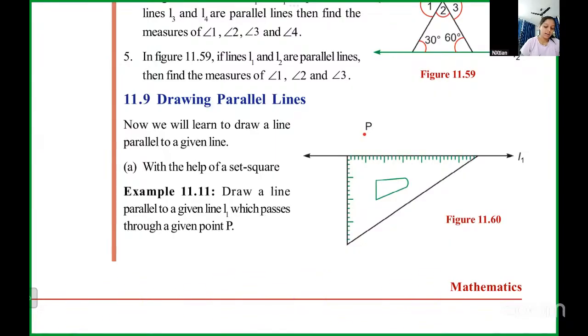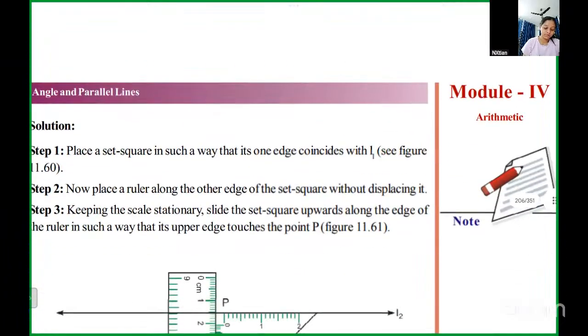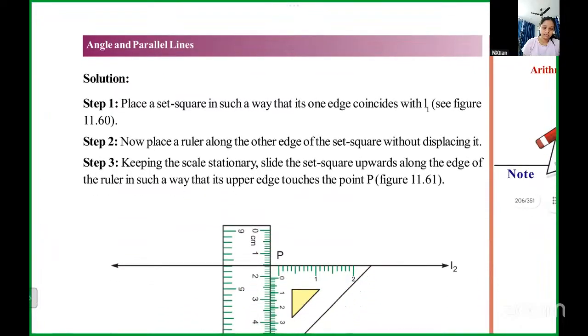Okay, now draw a line L1. Ma'am, you know the easiest way to draw two parallel lines? Using a scale?